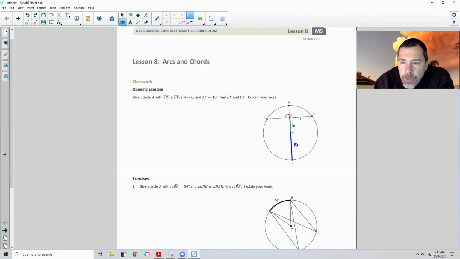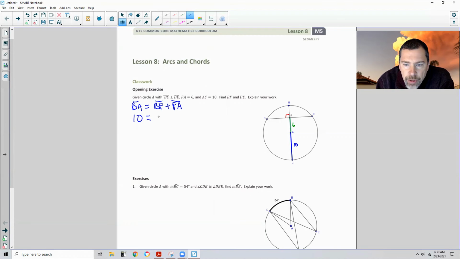Well, if you notice, segment BA equals BF plus FA. Agreed? Of course, because F is in the middle here. BF plus FA equals BA. Well, AC is a radius, and that is 10. So AC equals BA. That is also a radius, so BA is 10.